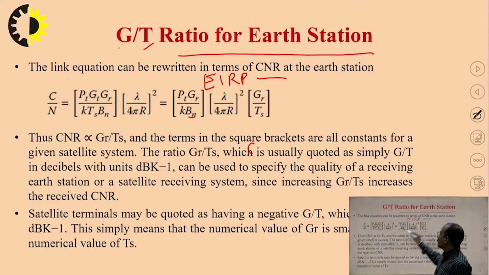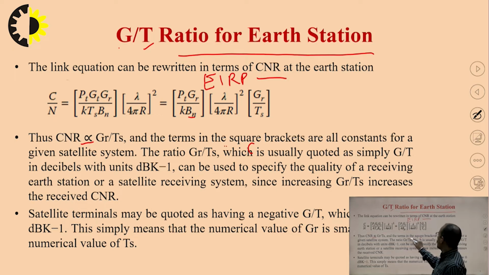So you can easily understand from this derivation that carrier to noise ratio is directly proportional to GR by TS, where TS is the system temperature and GR is the gain of the receiver.